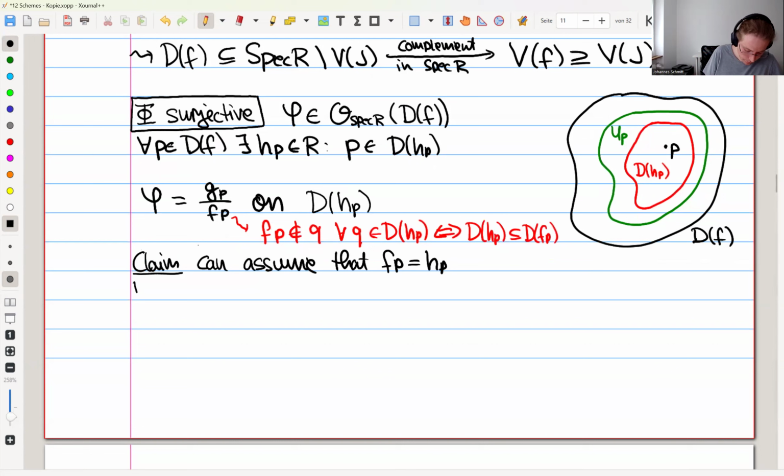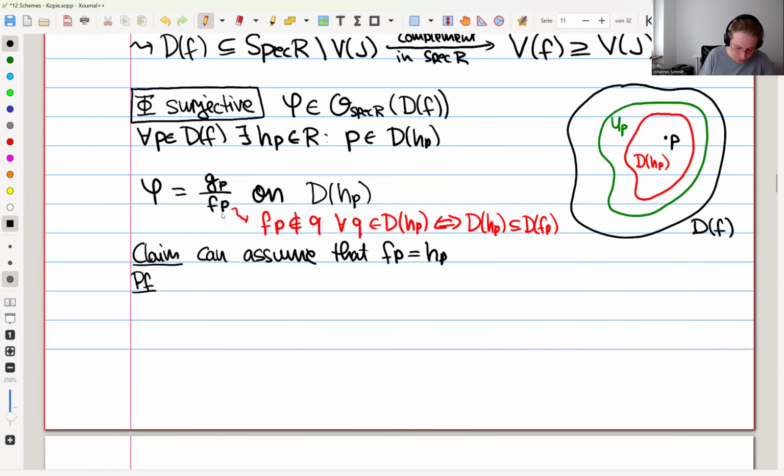Okay. So before we have here an HP and an FP separate, and now we want to make them equal. In other words, by modifying the representation that we have here to make this happen.